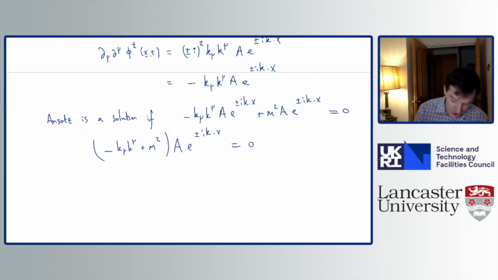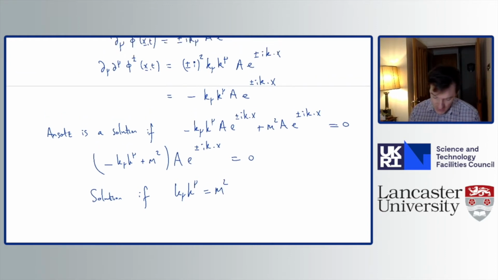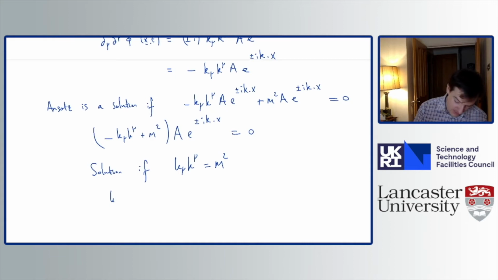So it's a solution if k mu k mu equals m squared, or remembering what k mu k mu is, omega squared minus k squared.